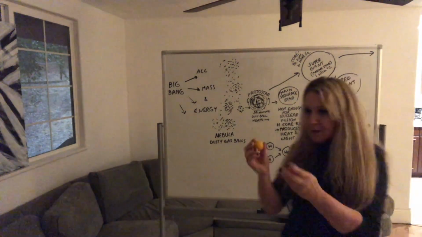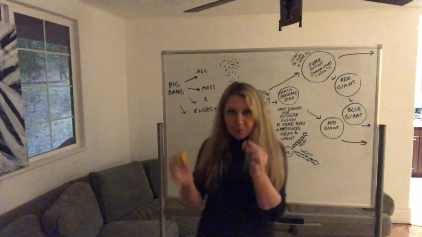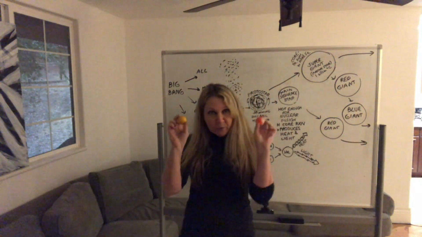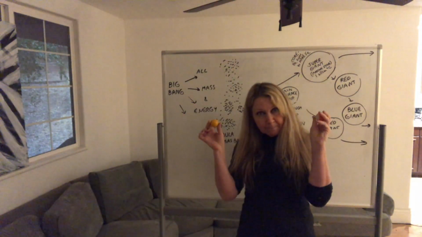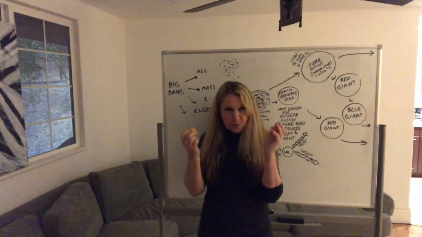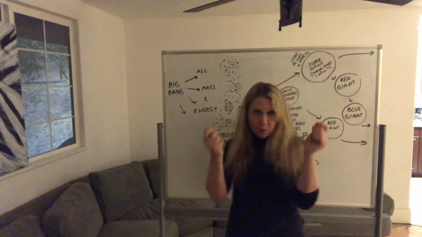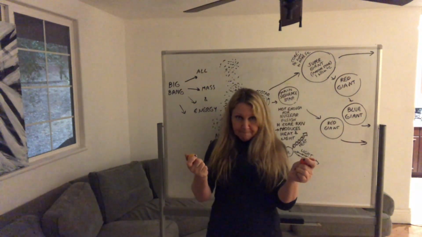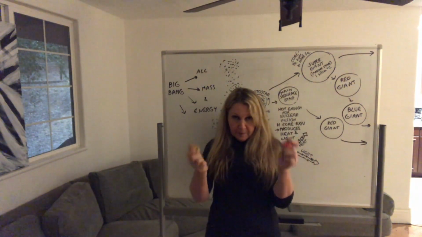So what happens is, when we have these hydrogen atoms crashing, what happens if we run out of hydrogen? There's no more hydrogen left, there's no crashing. So if there's no hydrogen left, there's no crashing, there is no nuclear fusion of hydrogens.